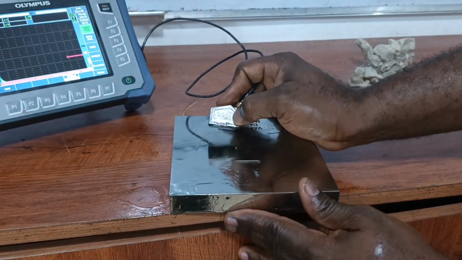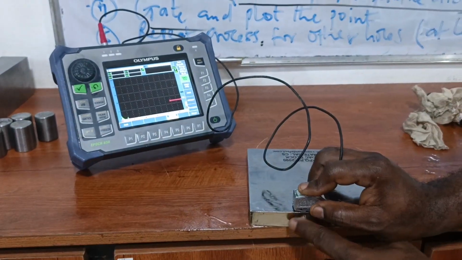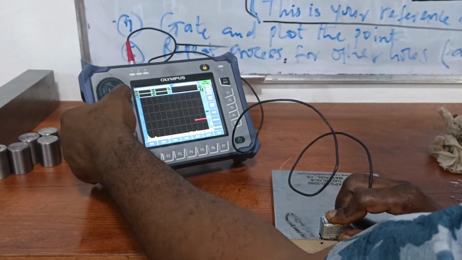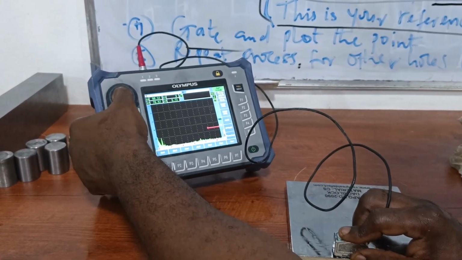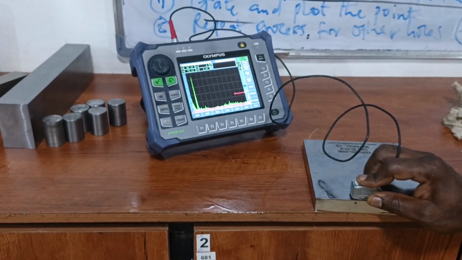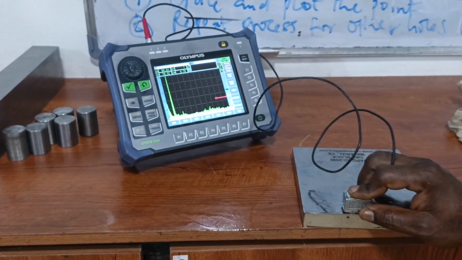If I bring it closer, because why I am talking about this, now if I increase my gain value, if you can see, I have one echo, I have a second one, I have many more echoes.